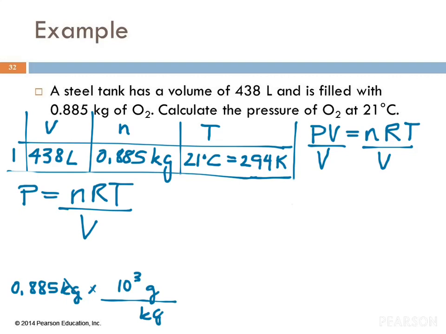So now I've got grams, and then converting from grams to moles is the molar mass. So I get my units in first. Oxygen is O2, so it's 2 times 16, it's 32, 1 mole. 0.885 times 1,000 divided by 32.